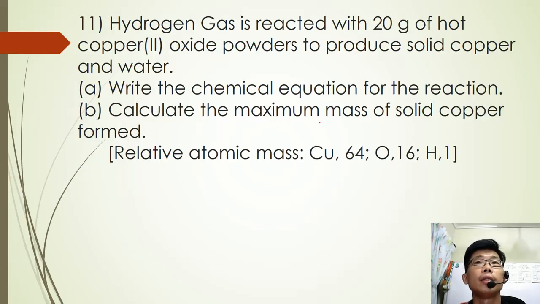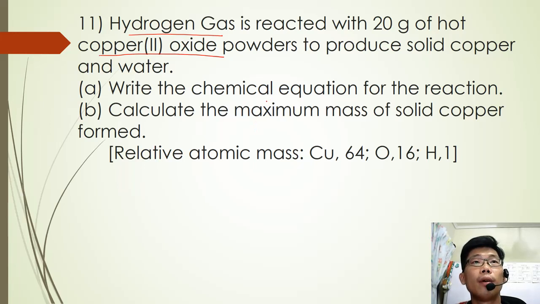Next, hydrogen gas is reacted with 20 grams of hot copper(II) oxide powder to produce solid copper and water. Write a chemical equation for the reaction and calculate the maximum mass of the solid copper formed. First we look at the chemical equation. Hydrogen gas reacts with copper(II) oxide powder, so these two are the reactants.